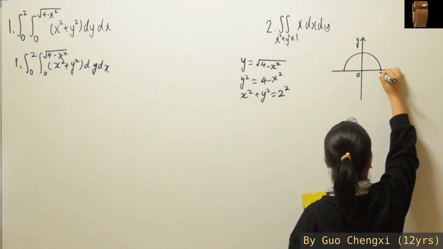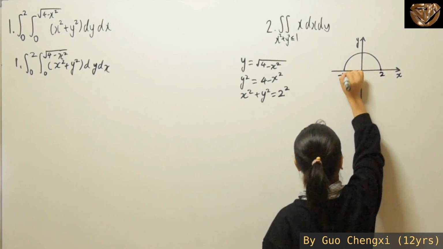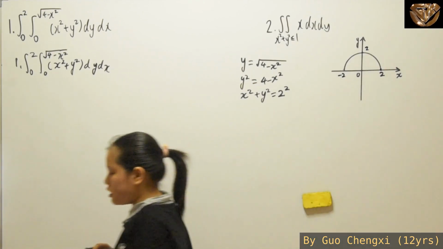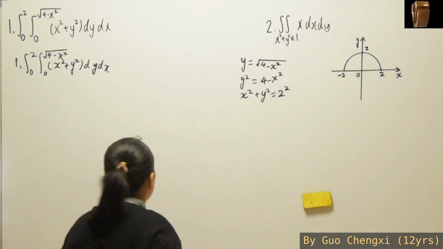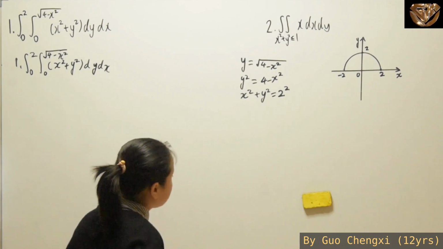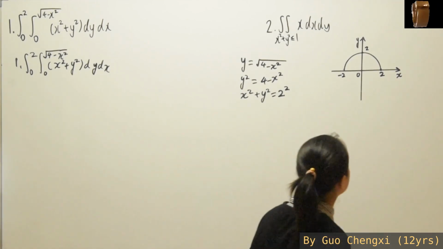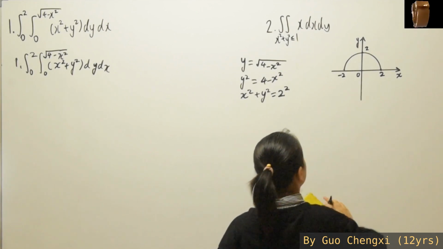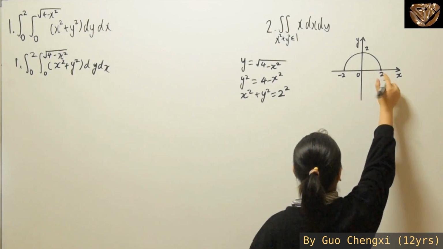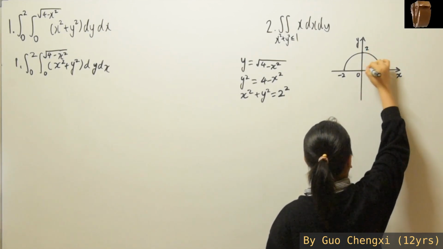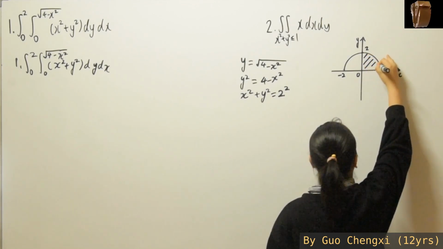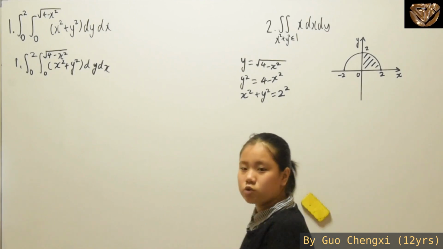So here we have 2, negative 2, and 2. This is what we have for y. Then what about for x? For x, we've already shown it's from 0 to 2, so our bounded area would just be this quarter circle, this quadrant.